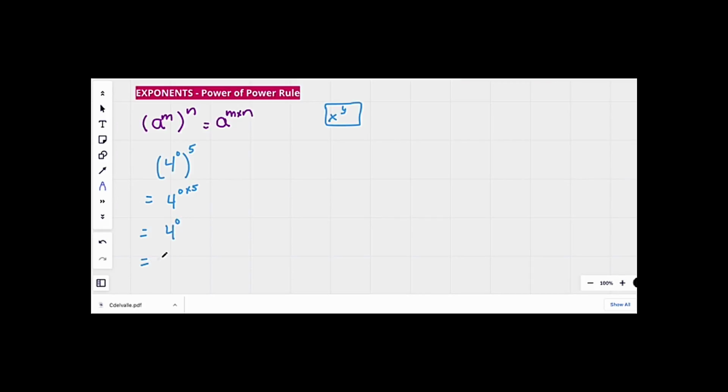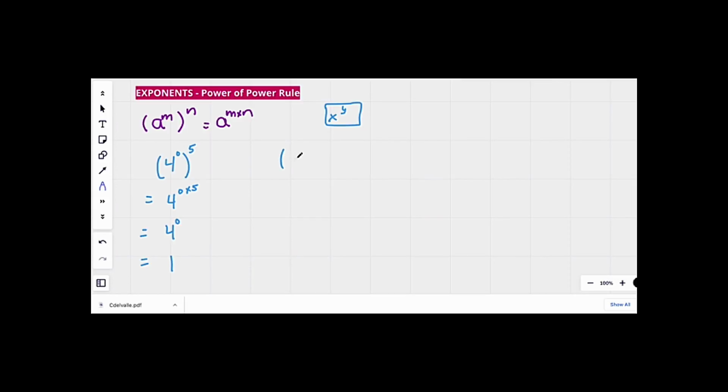So what do we know about numbers that have an exponent of 0? Any number to the power of 0 is always going to equal 1. It doesn't matter what it is. So for that one, we've got a 1.